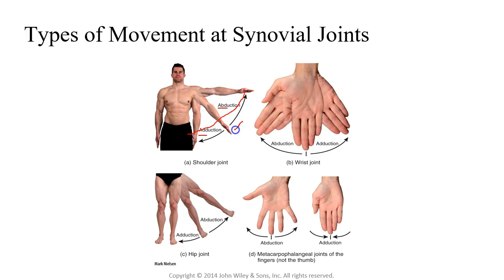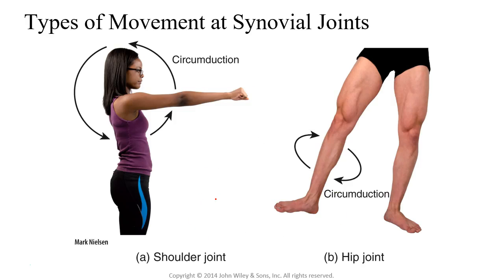Adduction, we are bringing that body part closer to the side of the body. Think of abduction just like being abducted. You are being taken farther away. Adduction, you are adding to the body. You can see multiple examples throughout the body. Circumduction is being able to move a joint in a circular motion. Mostly we see this at the shoulder and the hip joints.